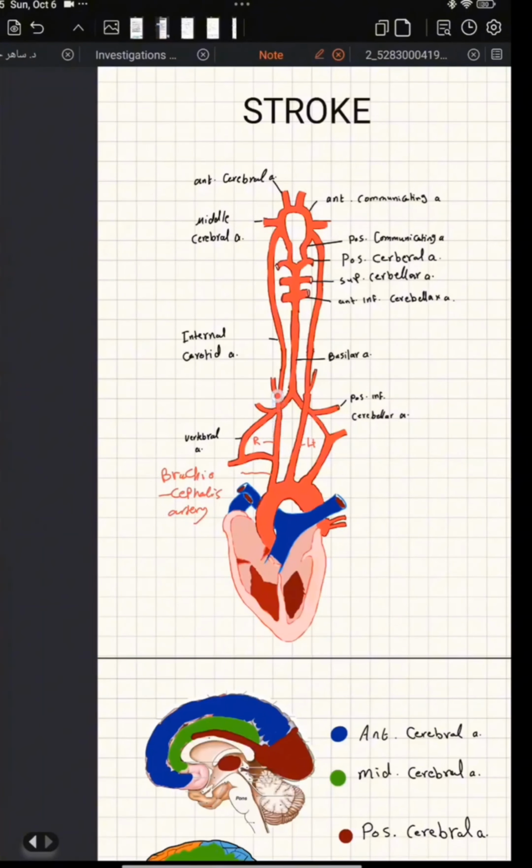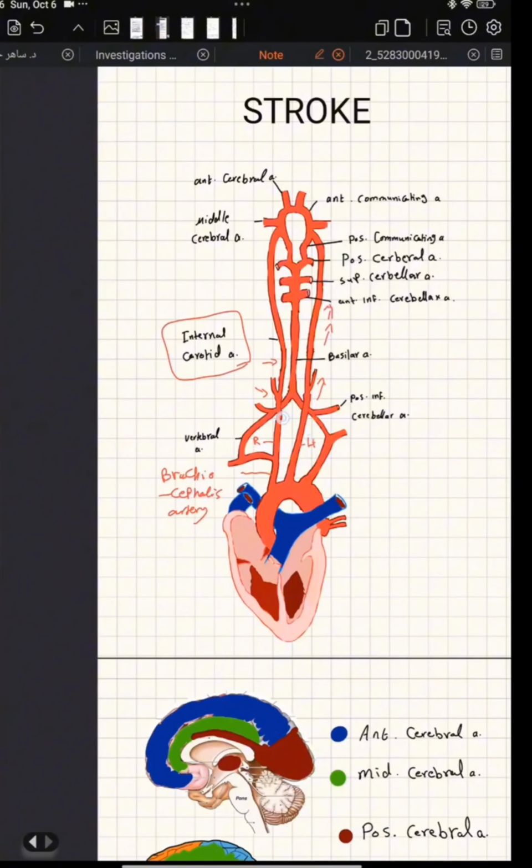When we ascend more in this pathway, this is the internal carotid artery. Just try to keep the name and the location of the internal carotid artery, because it's important and we will know why.